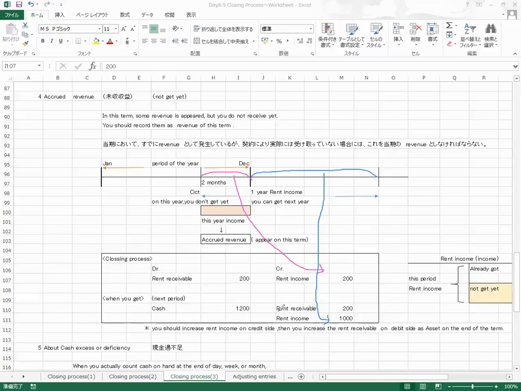The rent receivable is credit side and cash is debit side. はい。Everyone okay? Does everyone understand? I remember, okay? Oh, thank you, Yuda-kun.